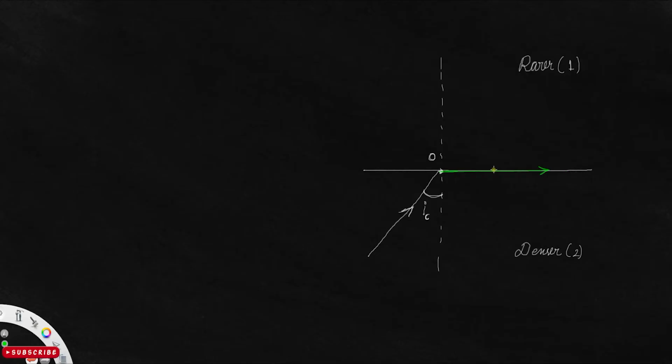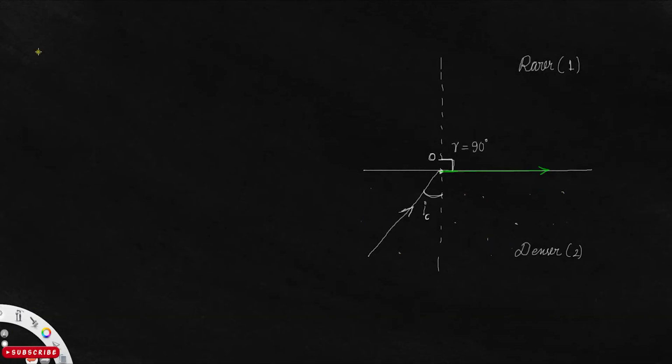That is, it grazes the interface between the two media, and that will happen when the angle of incidence is equal to the critical angle. And clearly we can see that this is the angle of refraction, that is the angle between the normal and the refracted ray. So that will be 90 degrees. Clear?